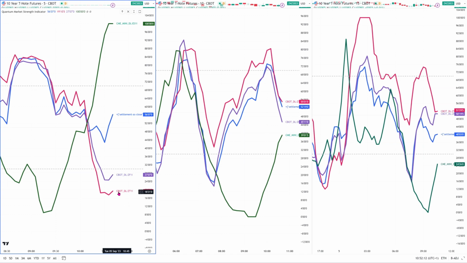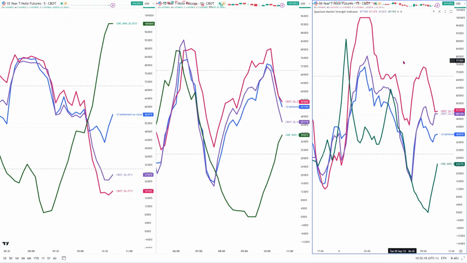Now, what will change, and when we move over to, let's have a look at the 15-minute over here, for example. Yes, broadly speaking, the bonds themselves are following one another around, more or less. And yes, generally speaking, the relationship that I've just described between risk on and risk off in terms of indices and bond markets is typically holding.